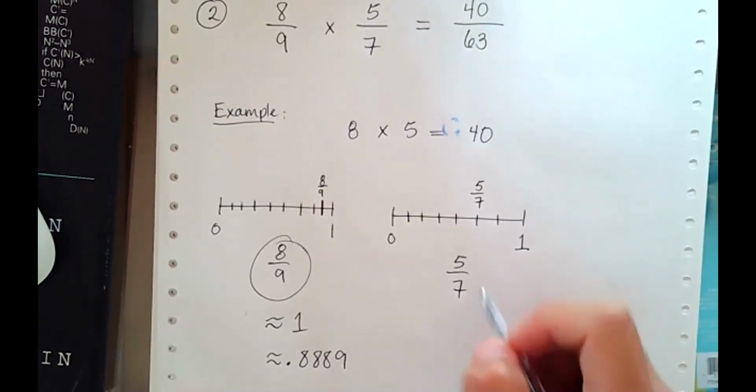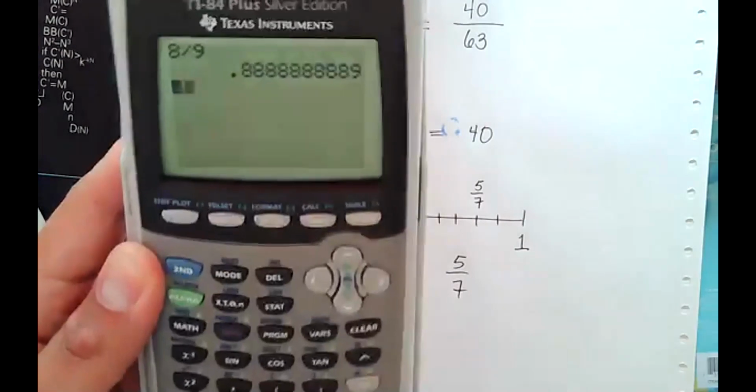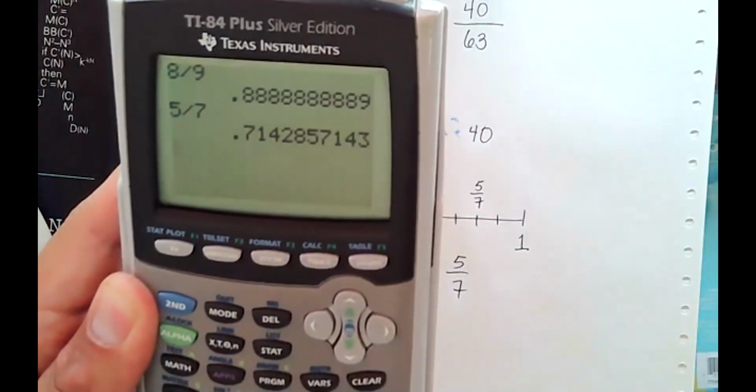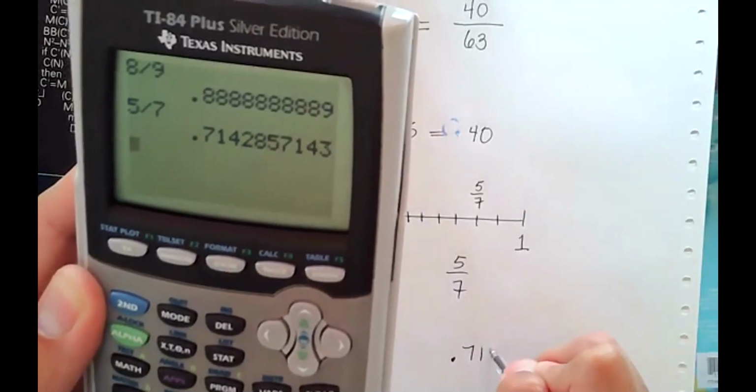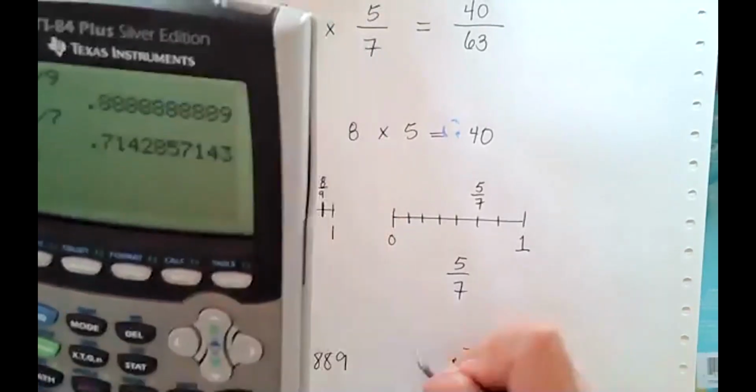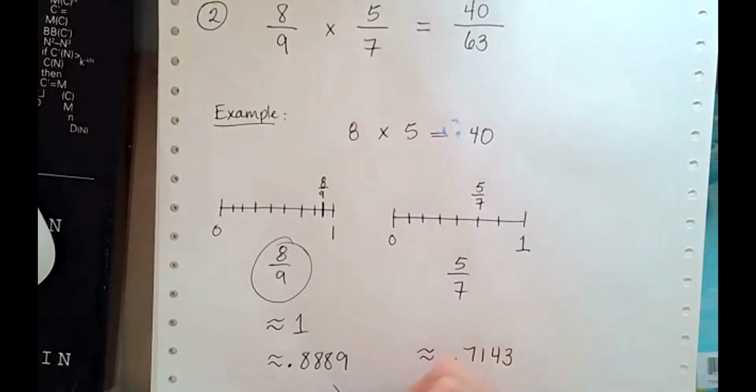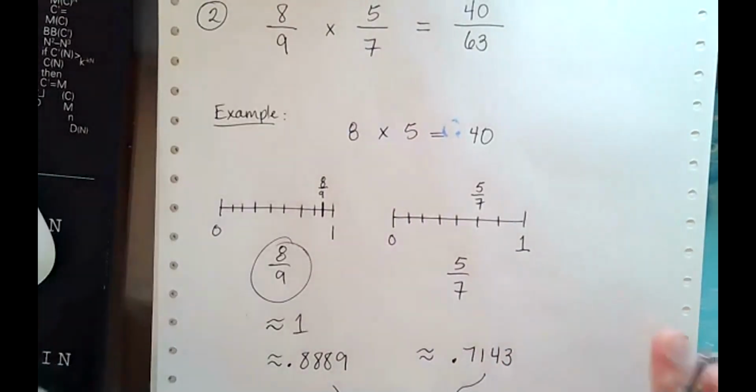And we're multiplying that by 5/7, which would be 5 divided by 7, which I'm just going to round off to 4 decimal places, 0.7143. And then taking these numbers and multiplying them.